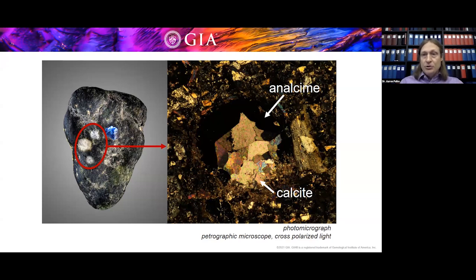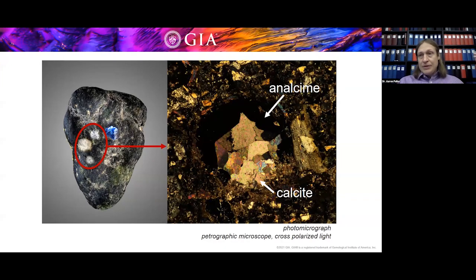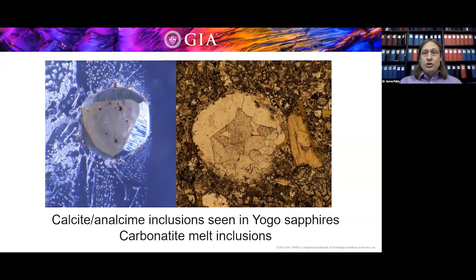These are interference colors, and this specific range of colors indicates the mineral calcite, which is a calcium carbonate mineral. What we noticed further, as we start looking at the Yogo sapphires, is that the Yogo sapphires also have very similar inclusions to these white blobs we see in the lamprophyre, in the rock.